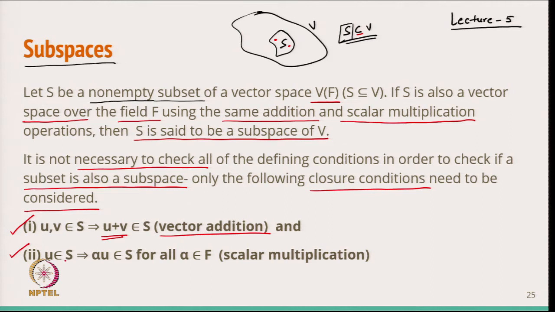If I take u belonging to S and any scalar alpha from the field, and the scalar multiplication alpha u also lies in S for all alpha, then I can say that scalar multiplication is well defined for S also.